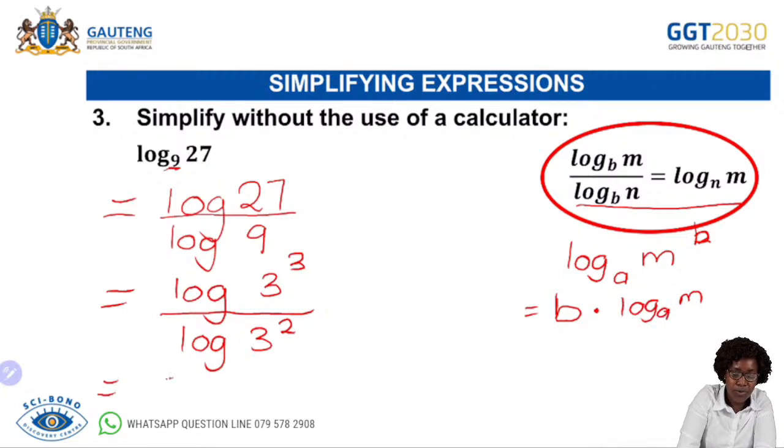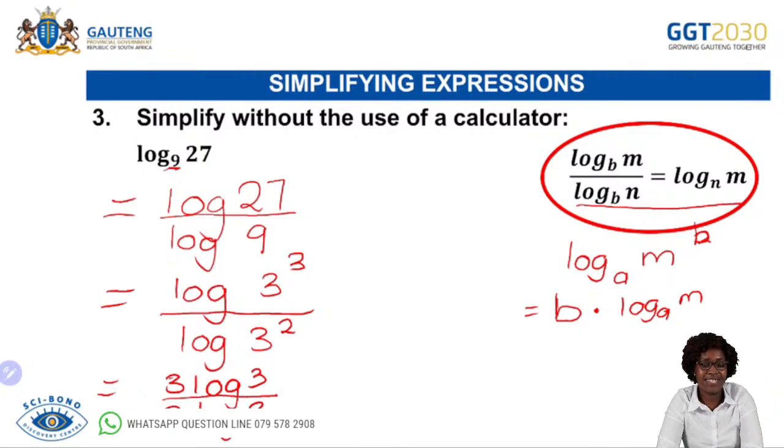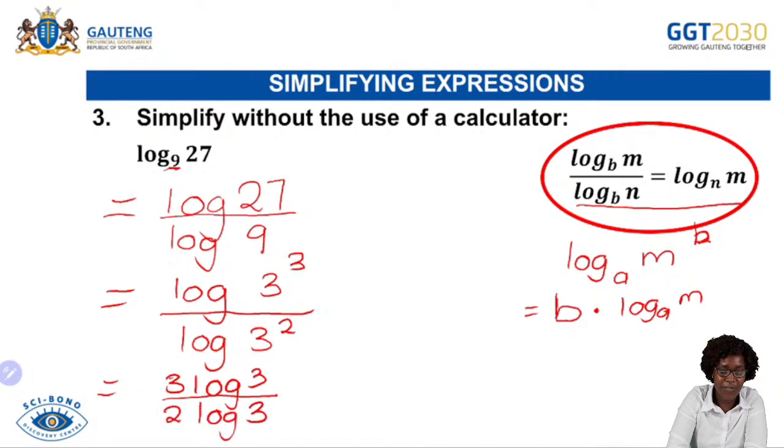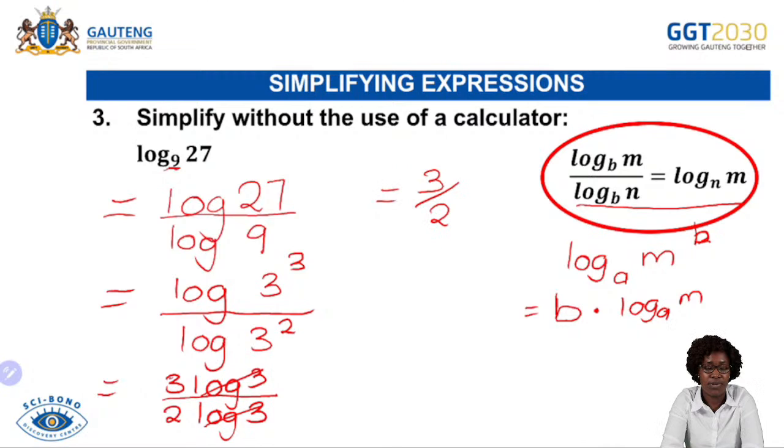This is equal to 3 log of 3 divided by 2 log of 3. Now we have like terms, grade 11s. Log of 3 is the same as log of 3, so these two can divide, and your solution there becomes 3 over 2. Quite simple, eh?